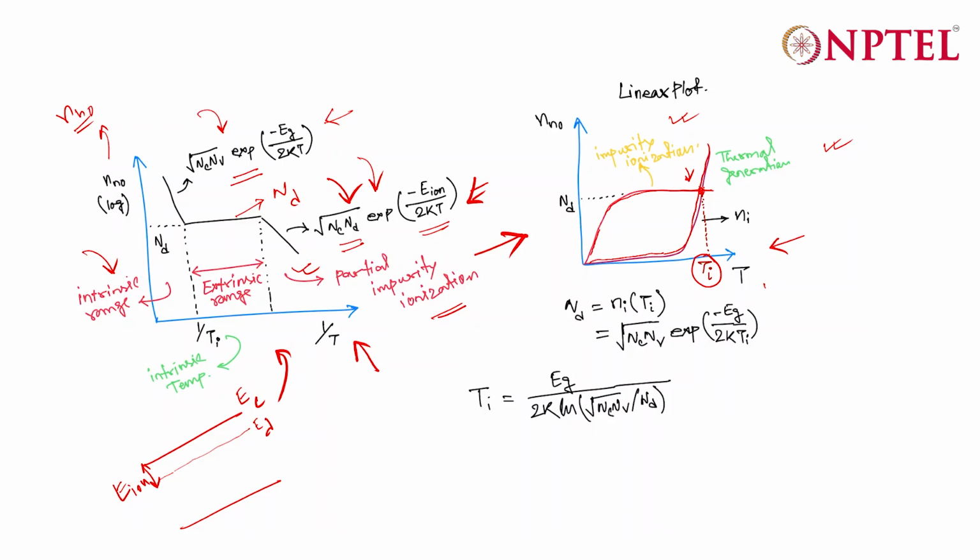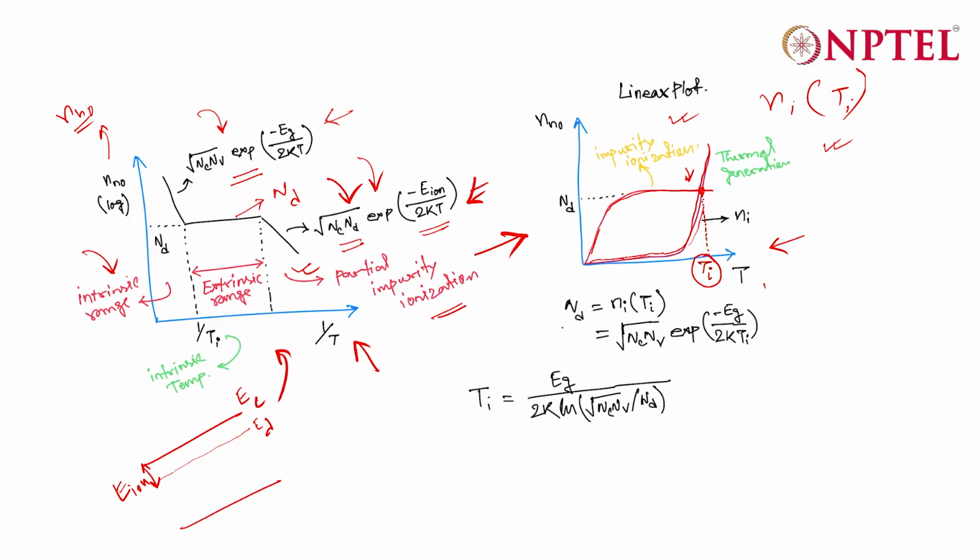So if you look at this particular point, you can also say this is nothing but Nd, or this is nothing but the intrinsic concentration at Ti. Just look at the thermal generation plot. It's the intrinsic concentration at temperature Ti, because the thermal generation plot is drawn considering the intrinsic concentration only, right?